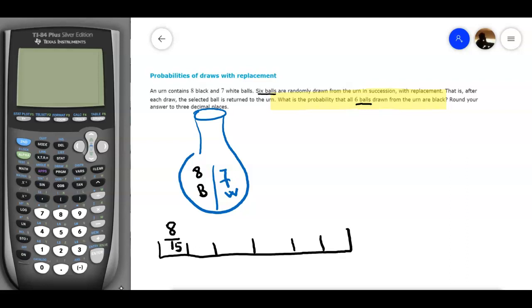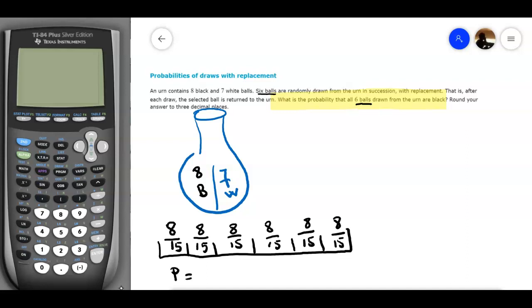Now, whatever the outcome is, we return the ball, and the chances for the second trial are the same, 8 black over 15. And so forth. It's going to be the same for the third, the fourth, the fifth and the sixth, right?